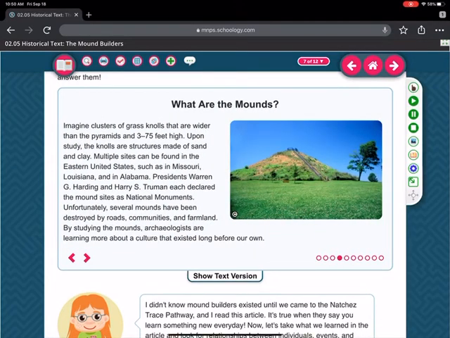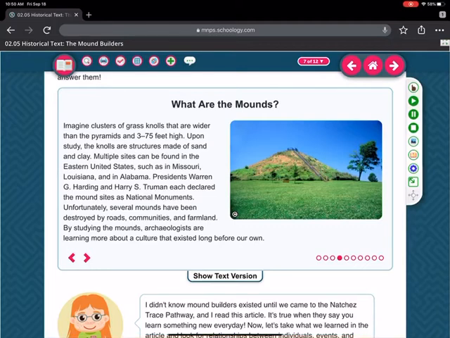What are the mounds? Imagine clusters of grass knolls that are wider than the pyramids and 3 to 75 feet high. Upon study, the knolls are structures made of sand and clay. Multiple sites can be found in the eastern United States, such as in Missouri, Louisiana, and in Alabama.